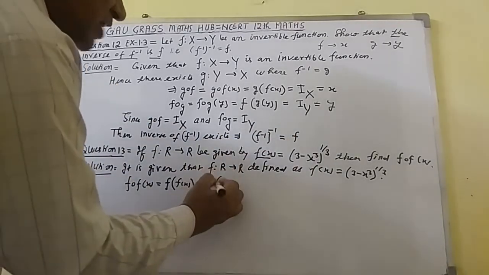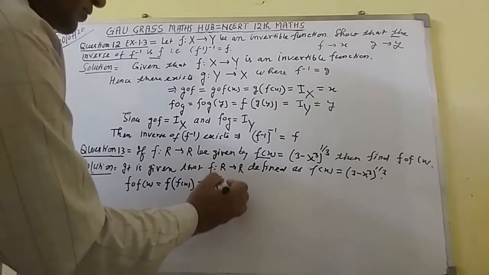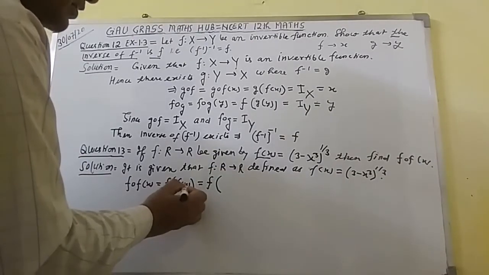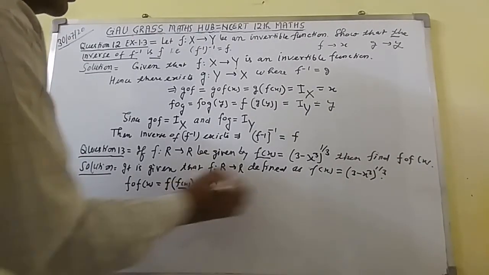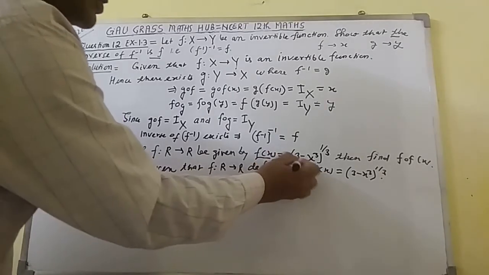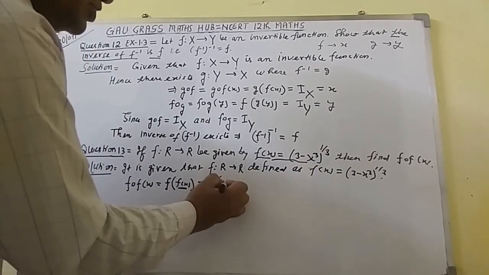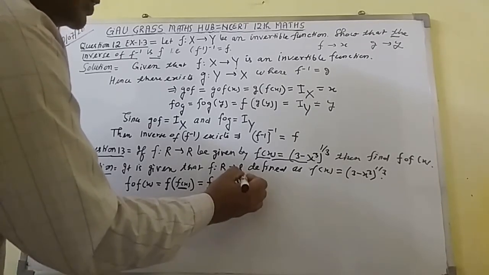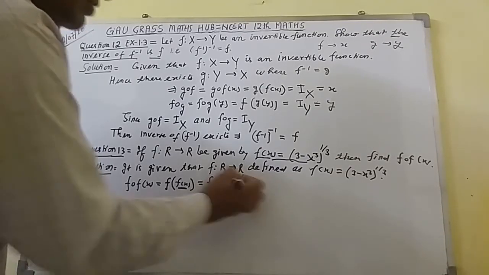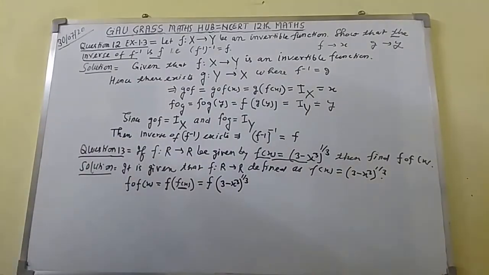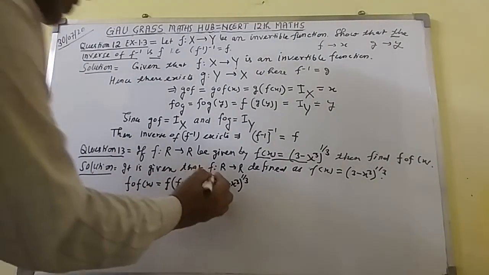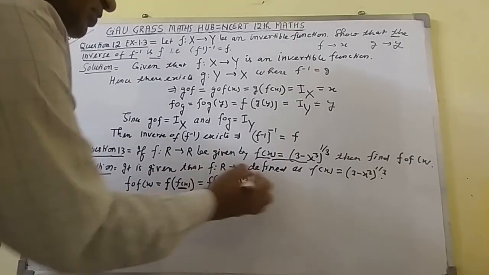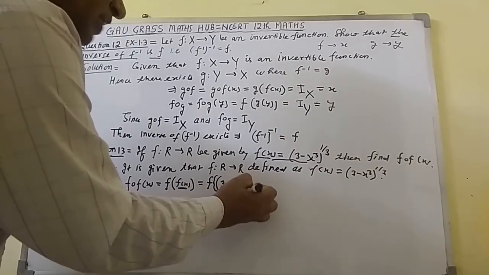So here you can write in bracket the value of f(x). The value of f(x) will be taken from this place. So here you can write (3 minus x cube) whole raised to power 1/3 in curly bracket.